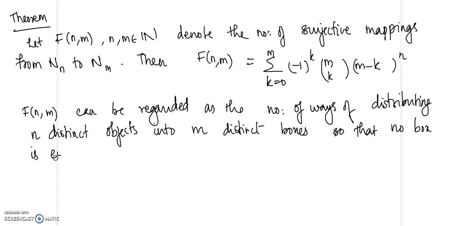That is the expression we mentioned first for the number of surjective mappings. So the number of surjective mappings is the same as the number of ways of distributing n objects into m distinct boxes so that no box is empty. That number of ways is denoted by f of n m. So we can find out a connection between S of n m and f of n m. So let us look into the proof.